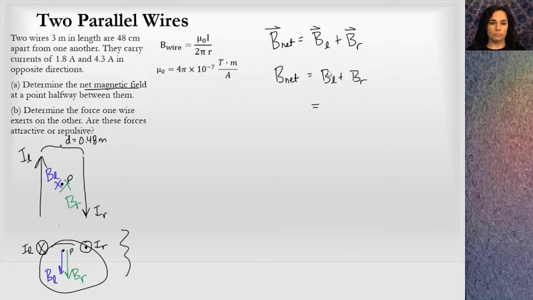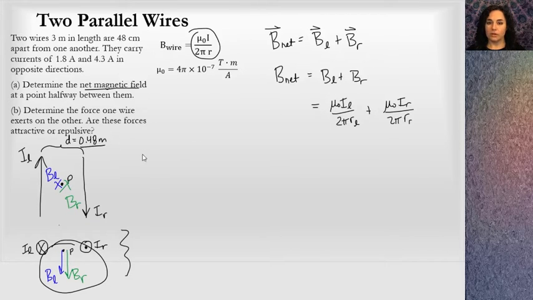So BL and BR, I'm ready for the equation here. Mu naught IL over 2 pi RL, and that'll add on to mu naught IR over 2 pi RR. Okay. The radius I'm going to look at here, the radius seems to be the same for both of them.